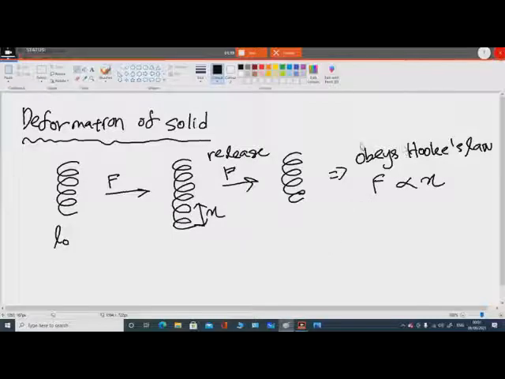So in this condition we can say that it does not exceed the elastic limit.